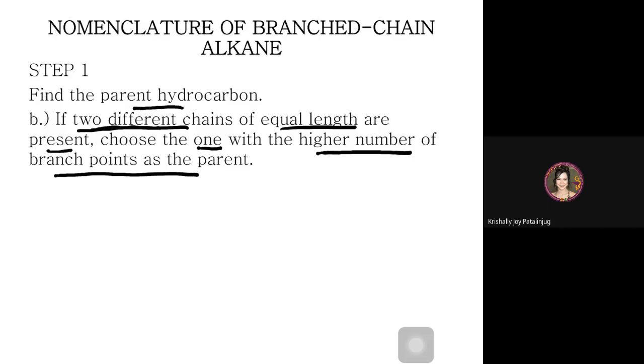Okay? In short. So, say for example, in this given molecule, molecule 1 ulit, if we try to find out for the parent chain, dalawa yung posibleng parent chain, which is equal of length.